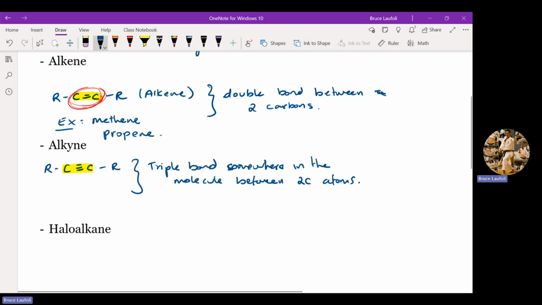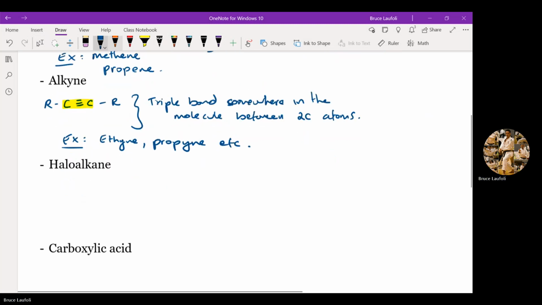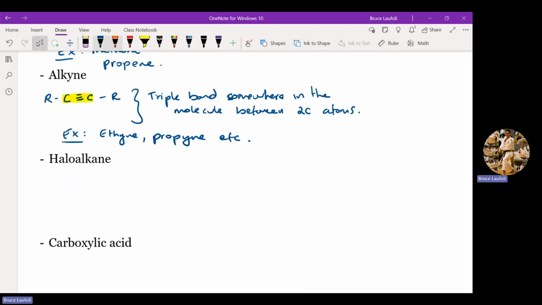Okay. And then, of course, examples include ethyne, sorry, not ethylene. We can go propyne. That's what I was supposed to say. Propyne, etc.